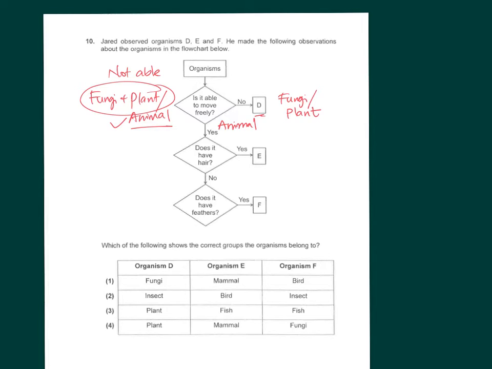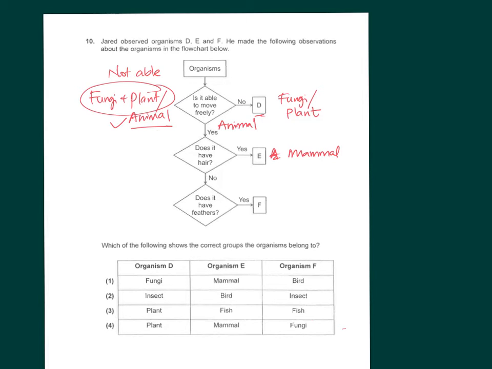Next, does it have hair? Now, this is the important characteristic, or I will say a defining characteristic of mammals. So if it does have hair, you expect this to be a mammal. If it's not, it could be something else, right? It could be bird, it could be insect, it could be reptile, it could be amphibian, it could be fish.